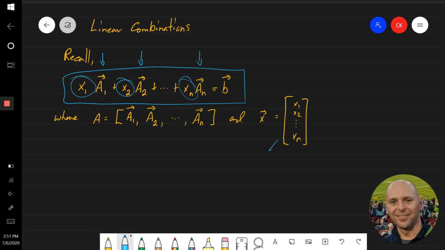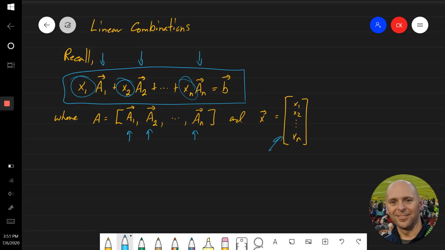So here we have our column matrix that represents the variable matrix, and we also have the individual columns of our matrix A. This is one of the ways that we talked about expressing a solution, and we'll use that to talk about what a linear combination is.